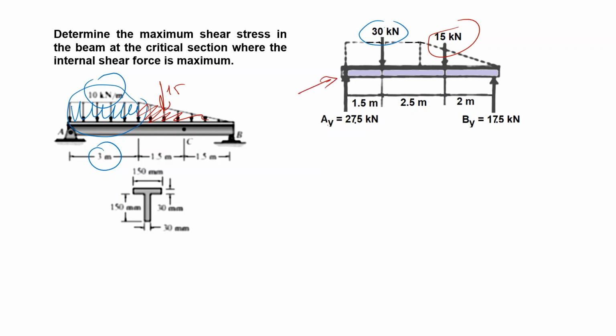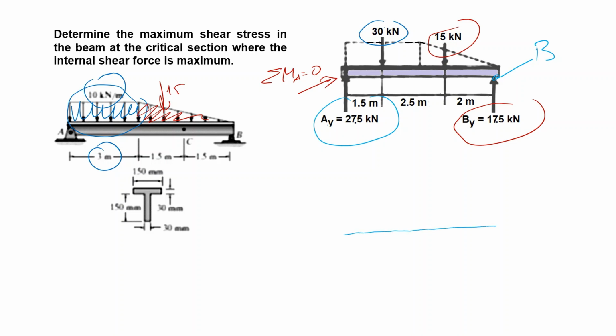I take the moment, sigma M_A equals 0, and with this I find B_y, and if you take the moment around this point B, then you find A_y. We will not go into detail, but we know the support forces, so we can draw the shear force diagram.